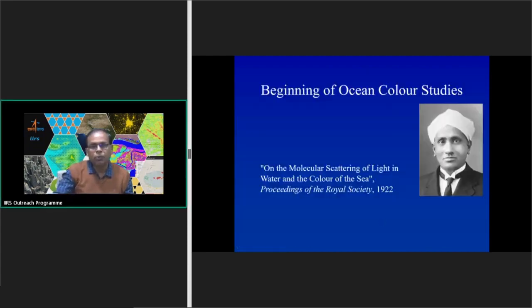So beginning of ocean color study started with Sir C.V. Raman's first paper on the molecular scattering of light in water and the color of the sea, which was published in the Proceedings of the Royal Society in 1922.